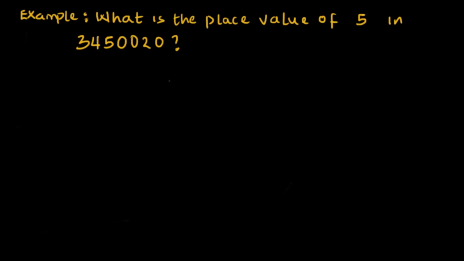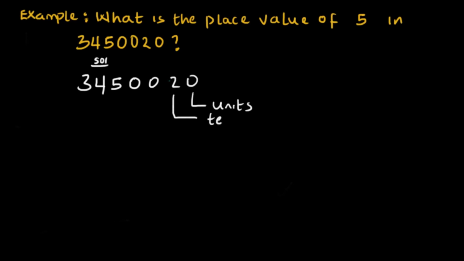Can we take another question? Now we have, what's the place value of 5 in 3450020? Now remember, you just write it: 3450020. Now the first will be what? Units. Second will be what? Tens. Third will be hundreds.